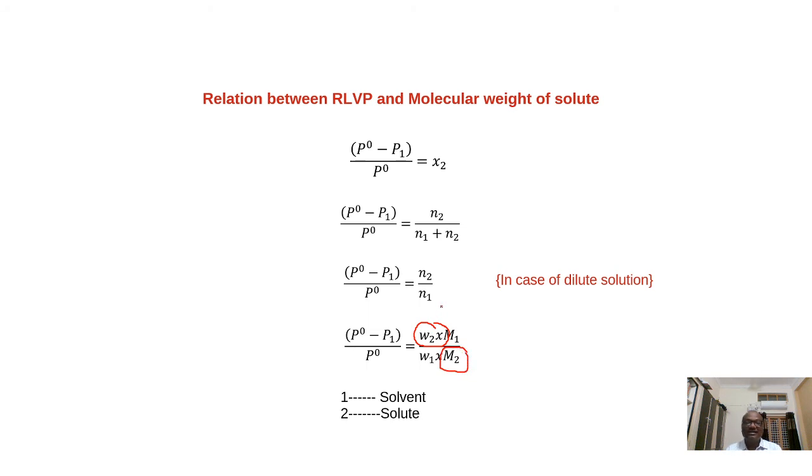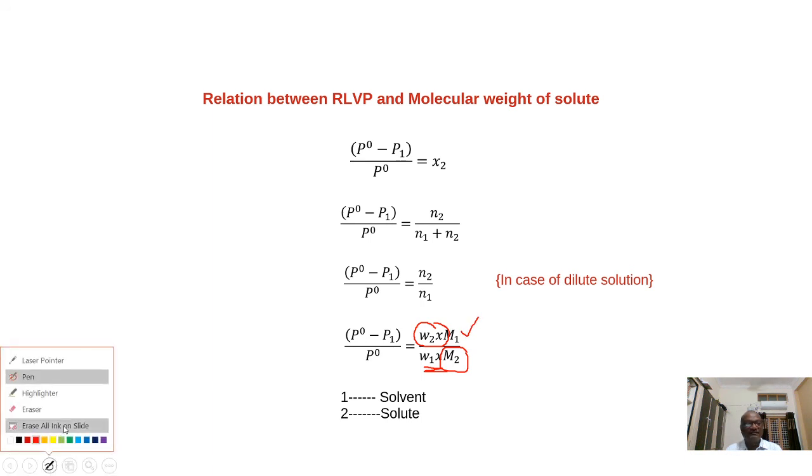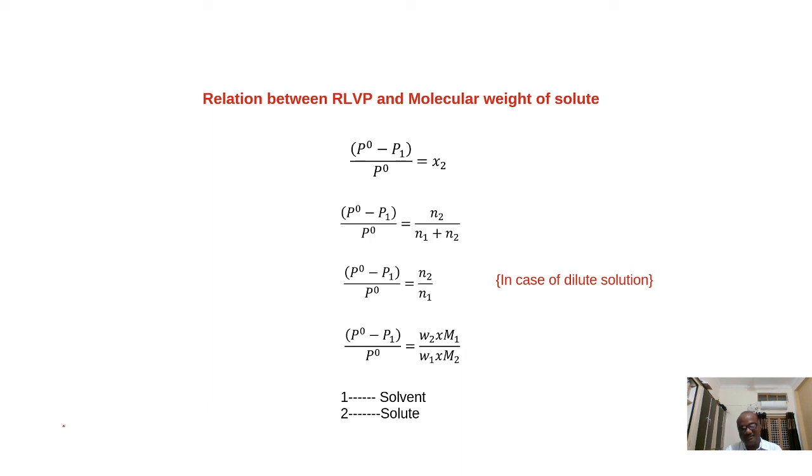Similarly, what is N1? Number of moles of solvent. It is nothing but the weight of solvent W1 divided by molecular weight of solvent. Subscript 1 is given for solvent, 2 is given for solute.